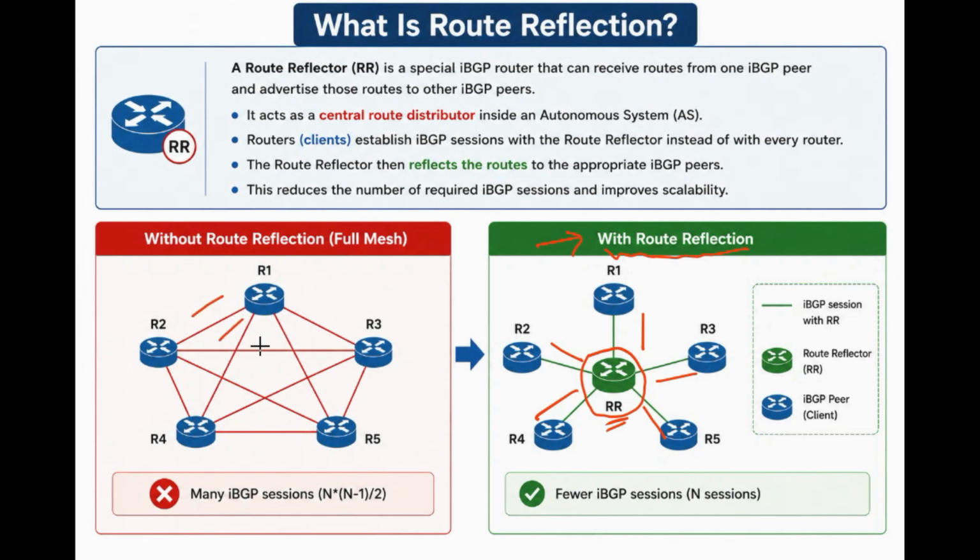In the full mesh on the left side, you can see that R1 was having 4 iBGP sessions. But with route reflection, R1 is using only 1 iBGP session with the RR. The important point is that we no longer need every client to establish an iBGP session with every other client. That's the main scalability benefit of route reflection.